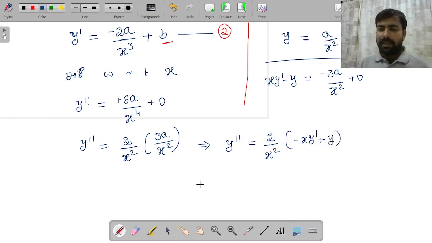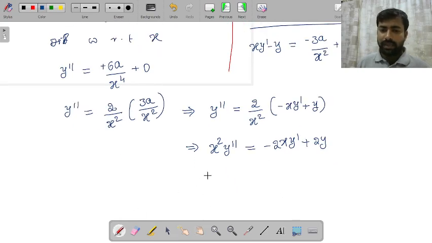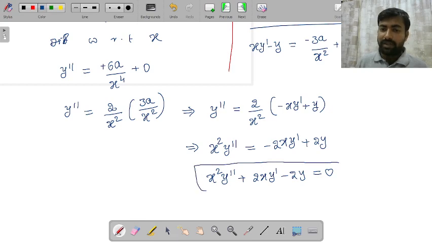Right, so multiply this entire expression with x square, so that you have x square into y second derivative equal to minus 2xy prime plus 2y. Now bring this expression to one side, so this is x square y second derivative plus 2xy prime minus 2y equal to 0. So now this is the differential equation satisfied by the family, that is y equal to a by x square plus bx.